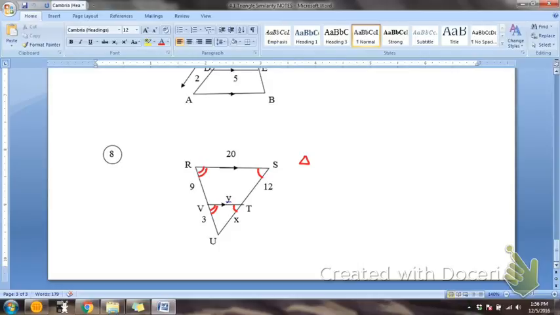So step number 1 is the similarity statement. So if I say triangle UVT, triangle UVT, what would you say?